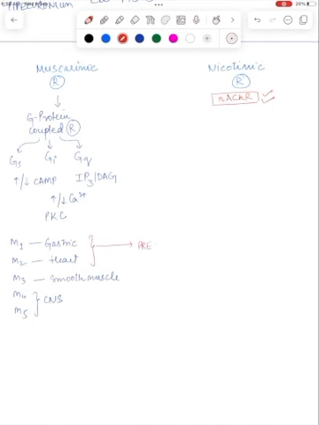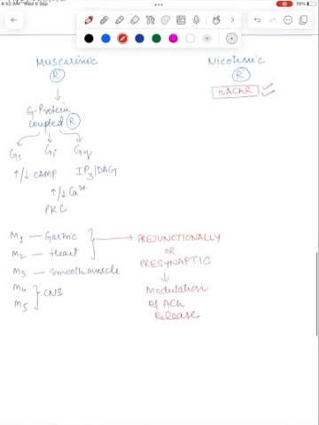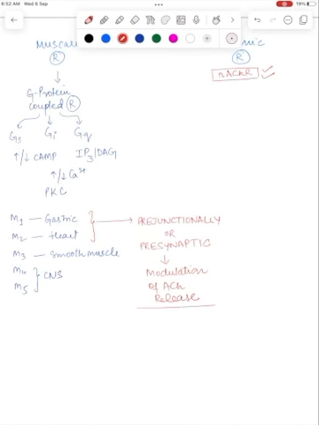M1 and M2 receptors are also located prejunctionally, right? Or they are also present on the presynaptic membrane. And they cause modulation of acetylcholine release. So how much acetylcholine is being released with each action potential?